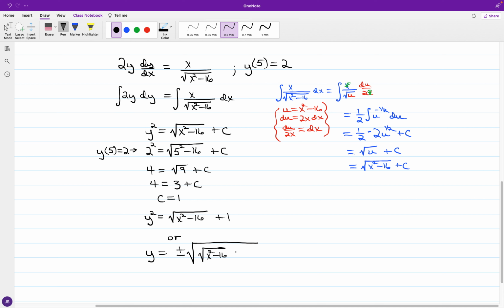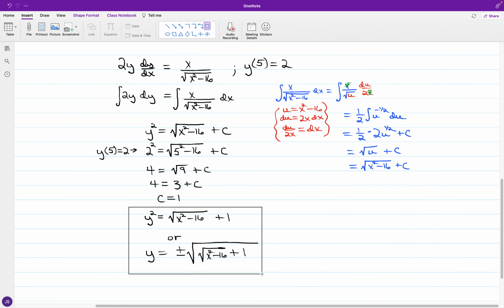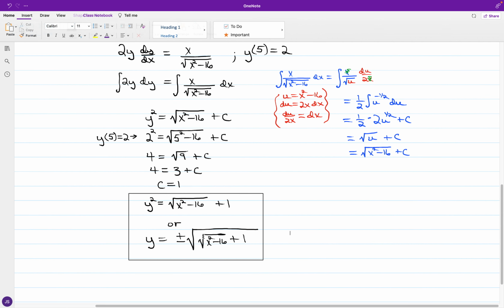But again, for what we have in y squared, that will suffice. But if you had to itemize y and write it in first order terms, again, you would be considering the square root property of equality.